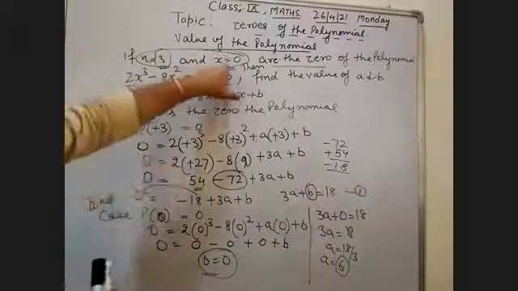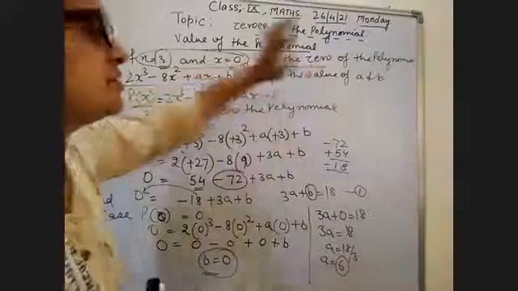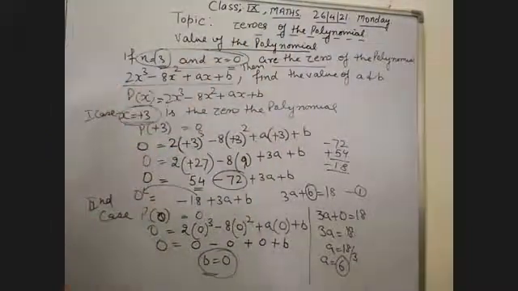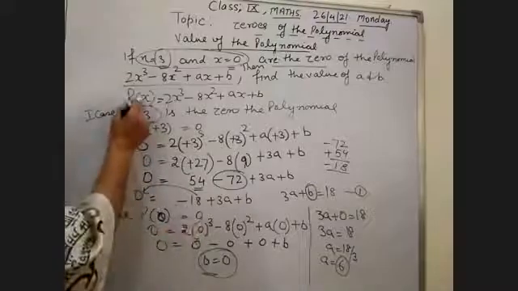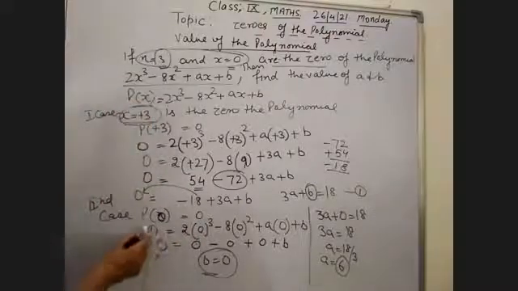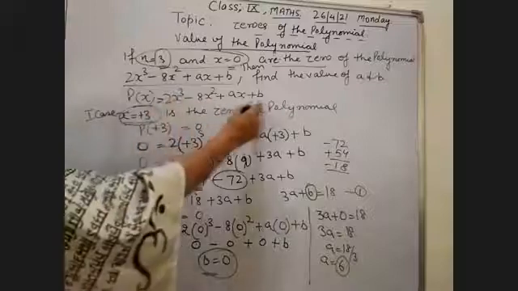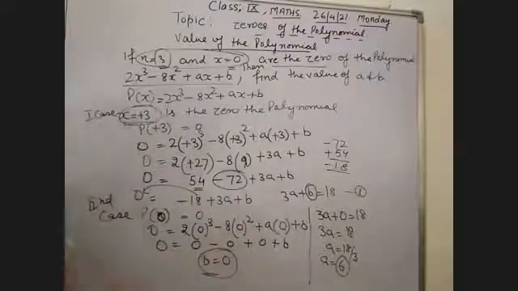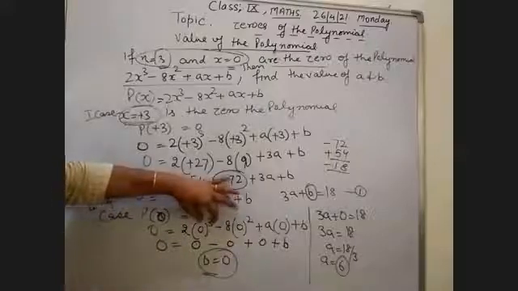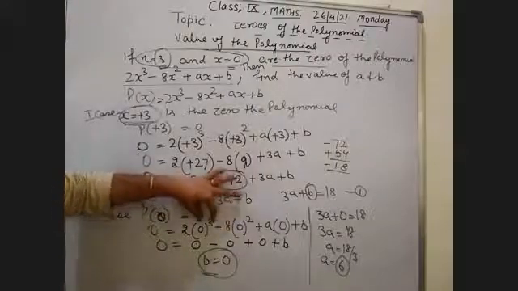And the second is x equal to 0 as the 0 of the polynomial. It means in the second case, p0 equal to 0. Then in place of px, I put here 0, and this is your equation. So in the variable I put here 0. So 2 multiplied by 0, because 0 cube is also equal to 0.